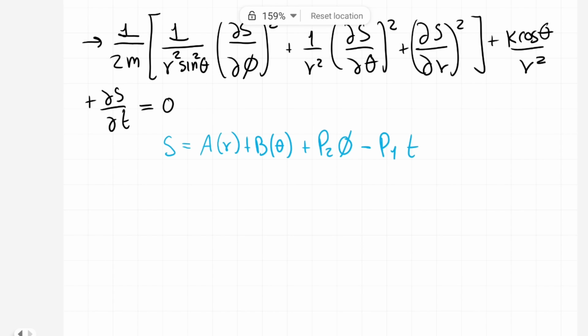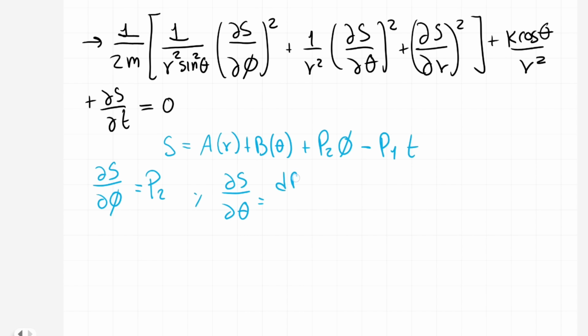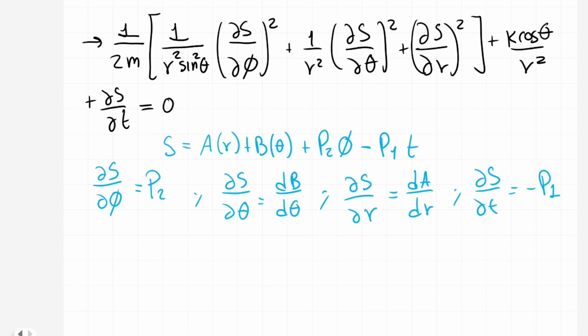So this allows us to say that the derivative of S with respect to phi is equal to p2. The derivative of S with respect to theta is equal to the derivative of B with respect to theta. The derivative of S with respect to r is going to be the derivative of A with respect to r, and the derivative of S with respect to time is equal to minus p1.